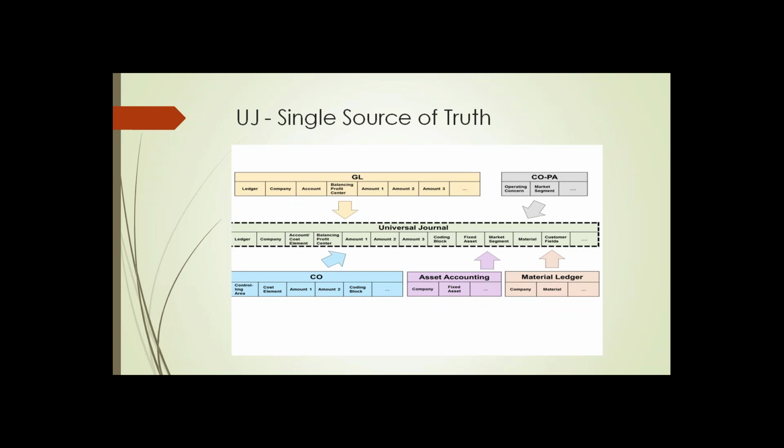If you are performing any asset accounting transaction, it automatically gets updated in the universal journal. If you are performing a transaction which is only relevant to material ledger, again that will come to the universal journal.